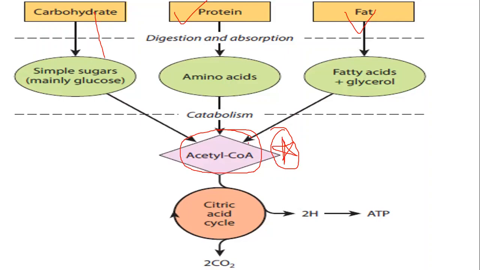Carbohydrate metabolism yields a molecule of acetyl-CoA. Protein yields acetyl-CoA. Again, fat also yields acetyl-CoA. And then this acetyl-CoA enters the citric acid or Krebs cycle.